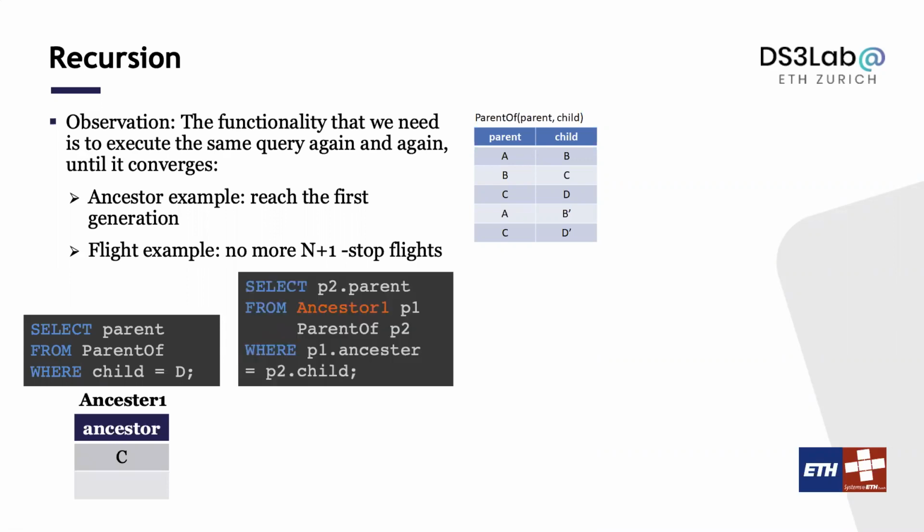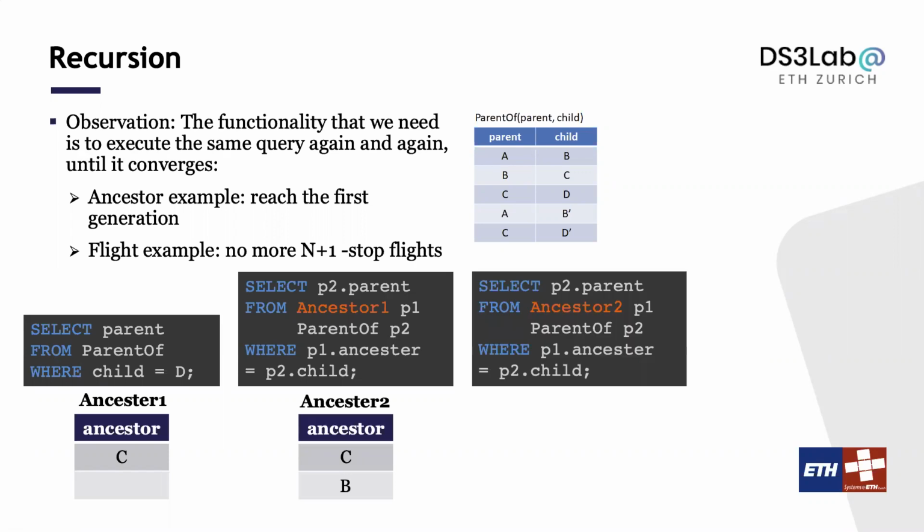And then the second time, we take as input the result of this, we call it ancestor one, and join that with the parent of relation to get the second level information. And then I ask this query to say, okay, now I take ancestor two, the output of the previous step, and join that with the parent relation, and then I get the third level information, right?